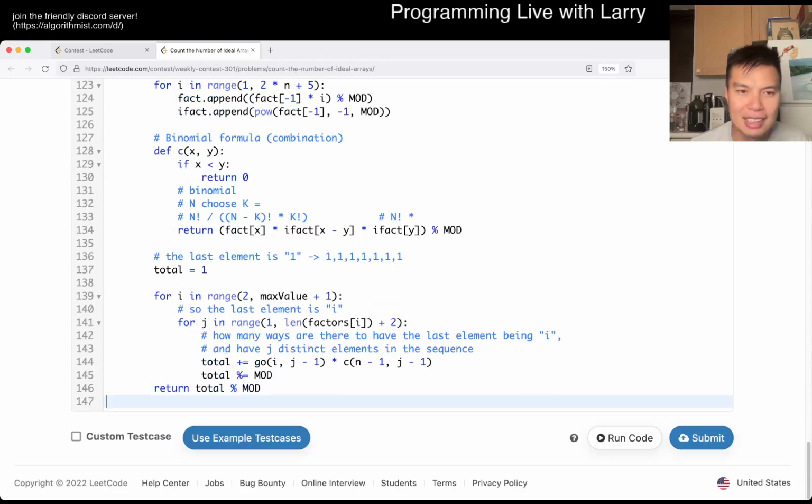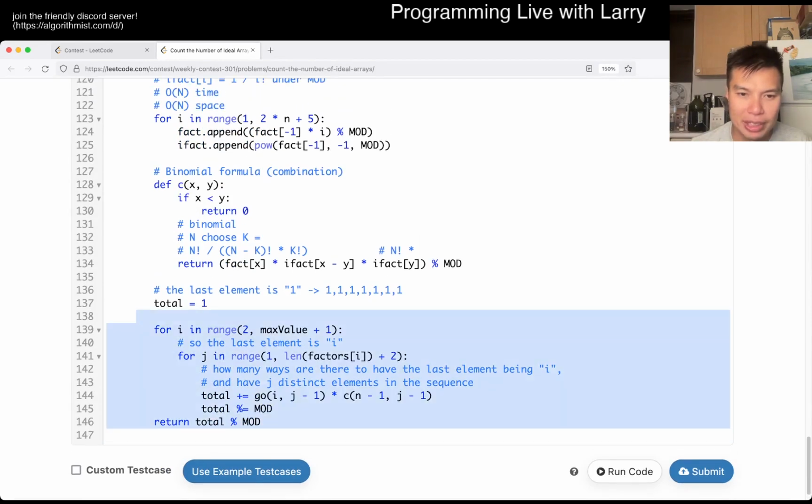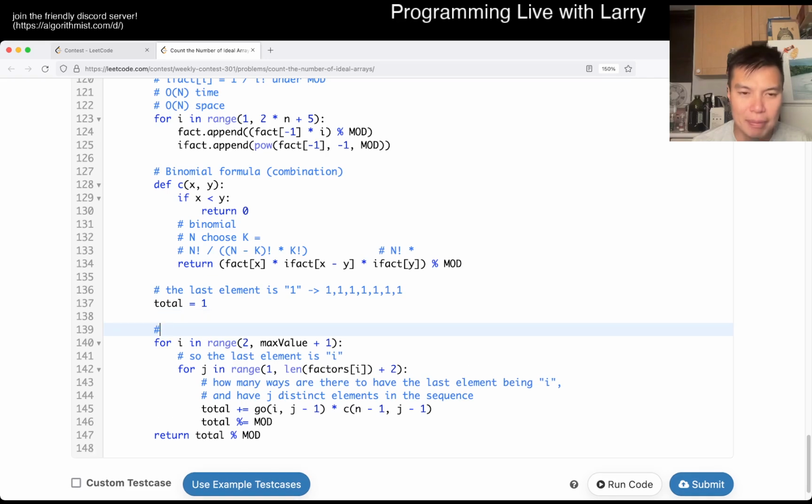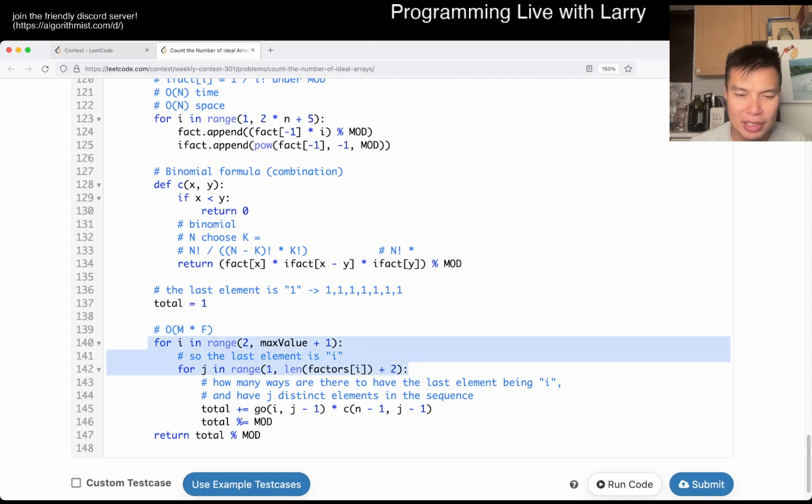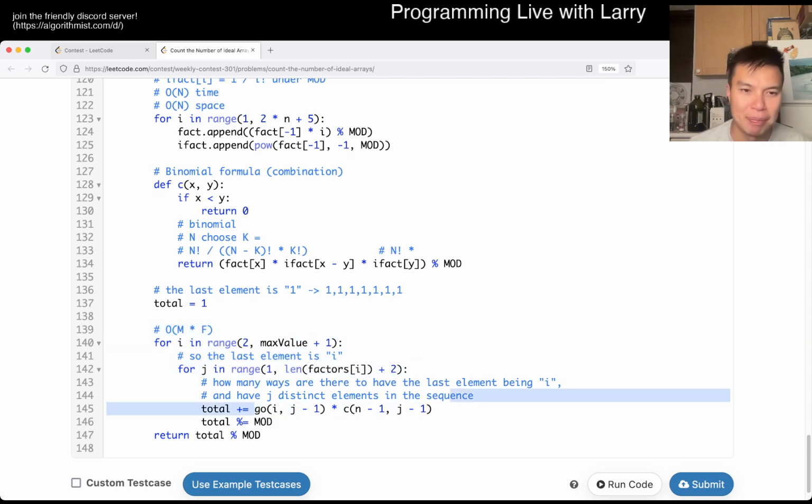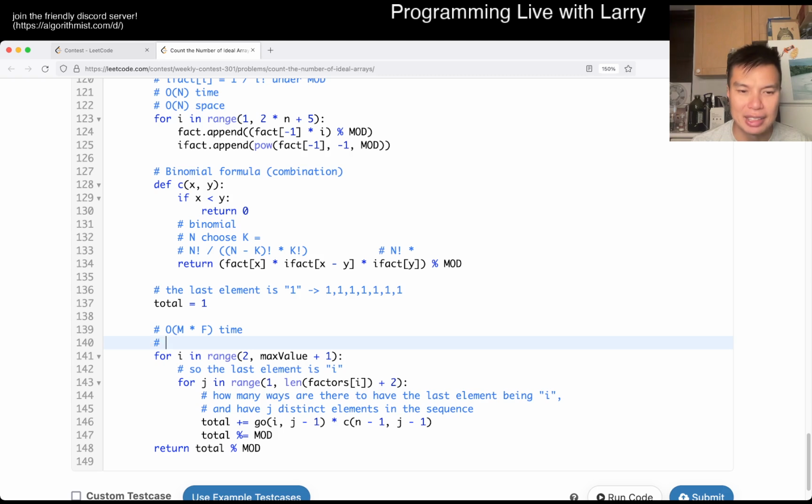And then lastly, we have this part, which is O of m plus f, times f, because that's just the 2 for loops. And here, these are all O of 1 operations because we have it memorized. So this is O of m times f time, and O of 1 space. Putting it all together, this is how you would solve it.